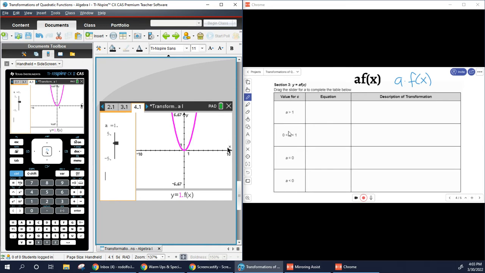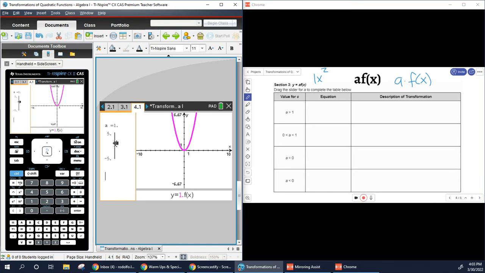Something between 0 and 1, when it's equal to 0, and when it's less than 0, okay? And if you think about it, right now we just have a 1. So there's no change. This is the parent function. The parent function is 1x squared. This is the parent function. So 1 starts at the origin and it's pointing upward.